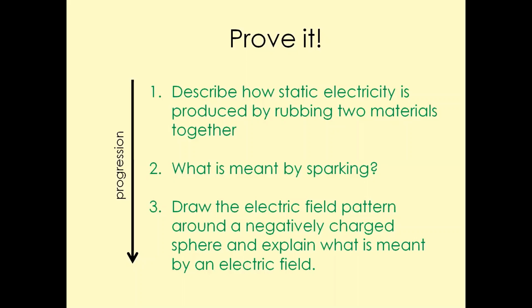So one object will become positively charged, one object will become negatively charged. Then talk about attraction and repulsion. When it comes to sparking, always talk about the movement of electrons from one object to another, and when that happens, a spark is generated.